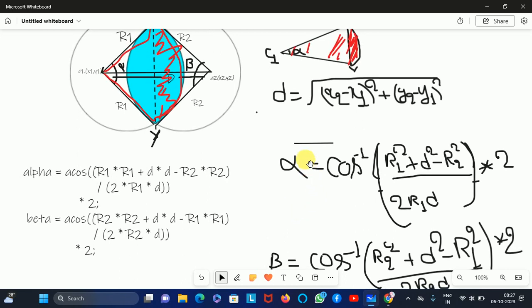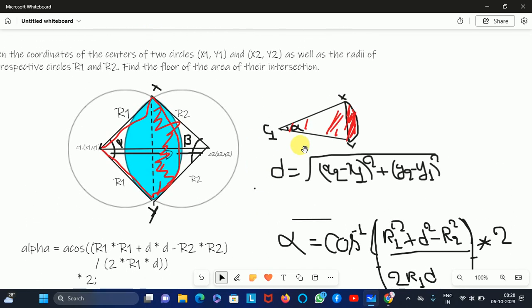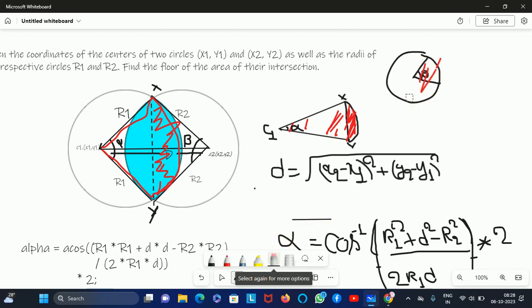So if we know the value of alpha, then what is the area of this sector? If any circle is given and we want to find the area of a sector, and this angle is theta, then what is the area? Sorry, not the whole sector, only the area of this region.